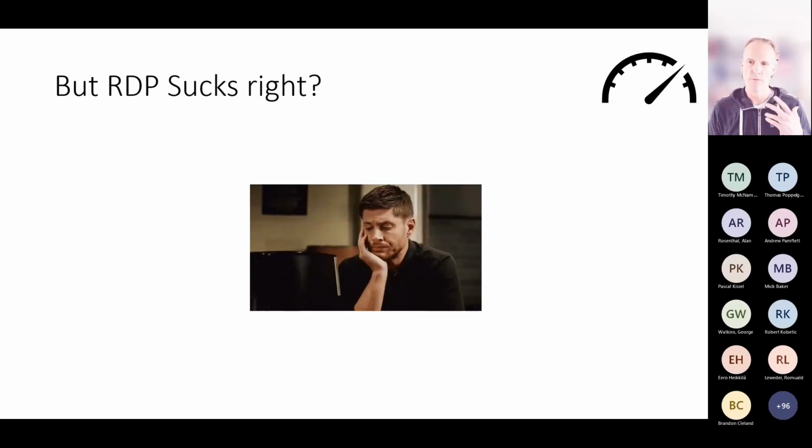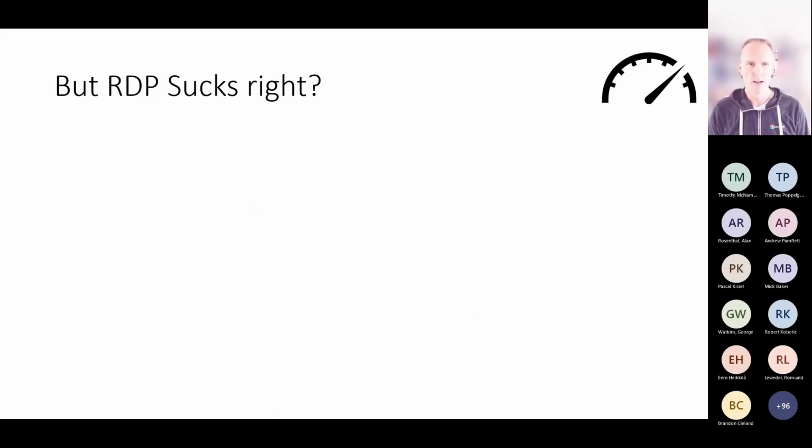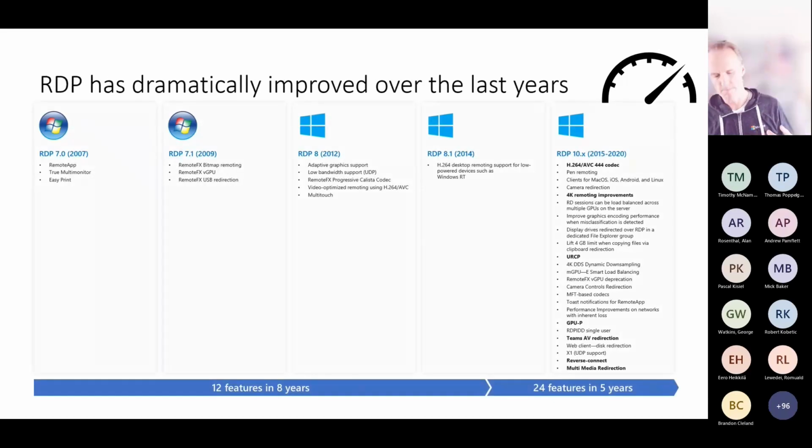But if you haven't been really keeping up, then it's easy to still think that RDP isn't very good. But if we look at all the changes that have been added to RDP, you can see that over the last years, there's been a tremendous speed up of benefits or capabilities added to RDP.